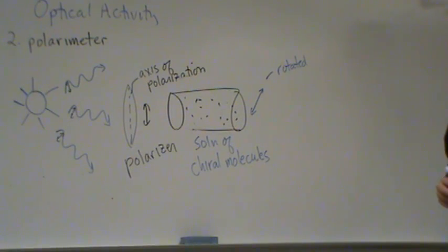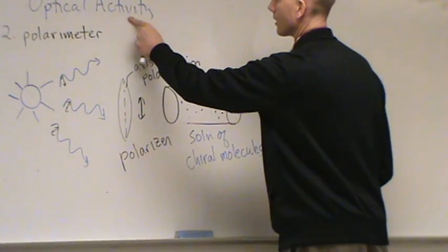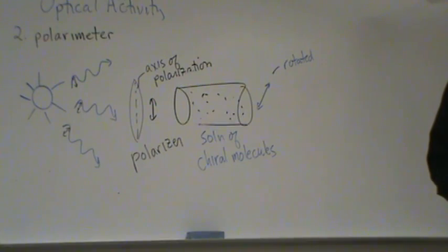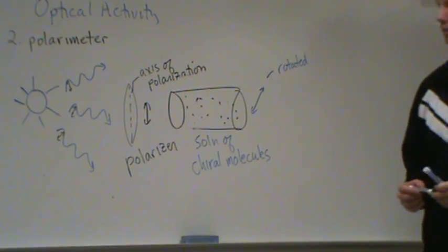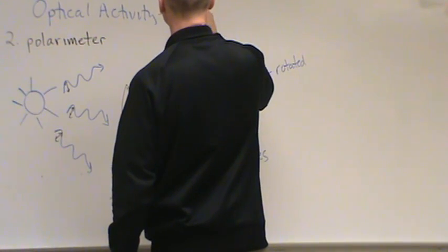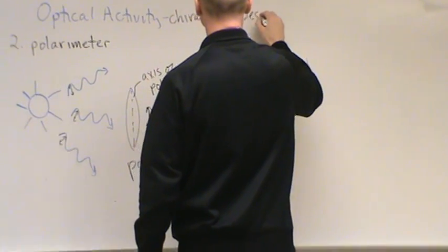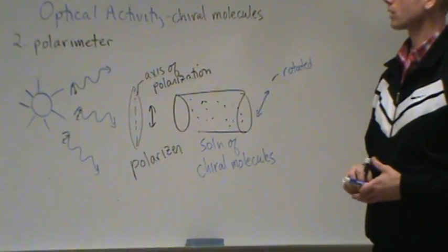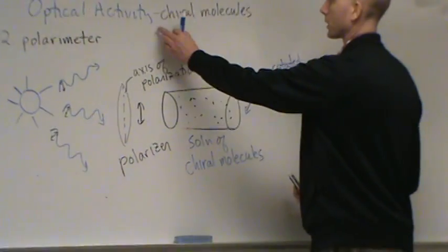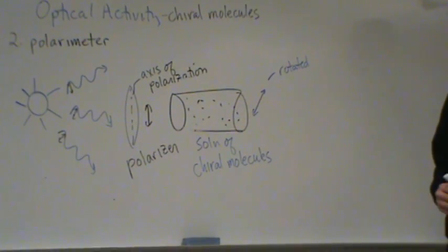And we say that something that rotates plane polarized light is optically active. So there are a lot of definitions there. Chiral molecules are optically active because they rotate plane polarized light.